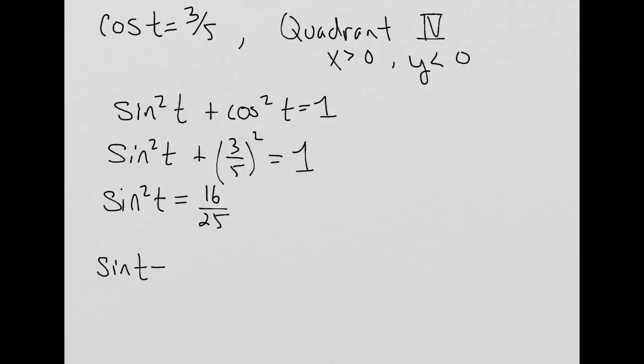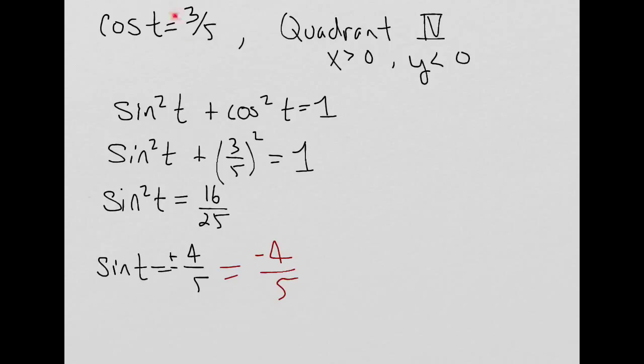So sine of t equals plus or minus 4/5. By taking square roots, we're left with that plus and minus in front, but we know what quadrant we're in. So we know the y values have to be negative, so for this one, we're left with negative 4/5 is our appropriate value.